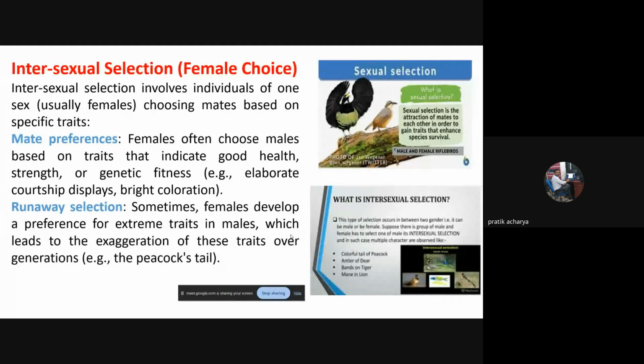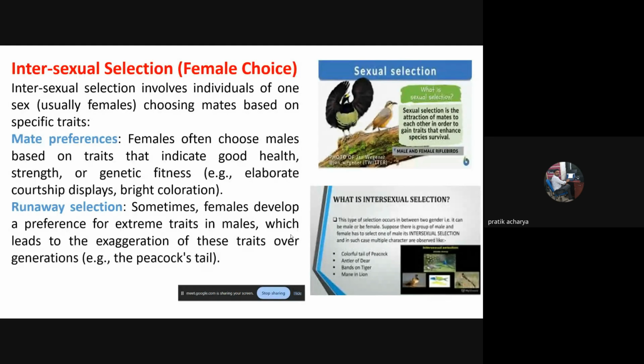It involves individuals of one sex, usually the female, choosing a mate based on species-specific traits. What is the mate preference here? Females often choose males based on traits that indicate good health, particularly body size, strength, and genetic fitness. These are very important and are observed by the female for mating purposes.